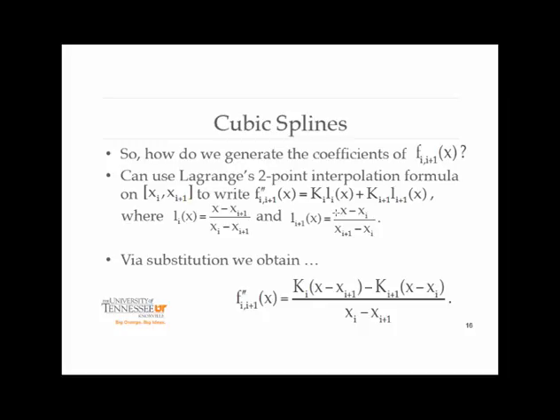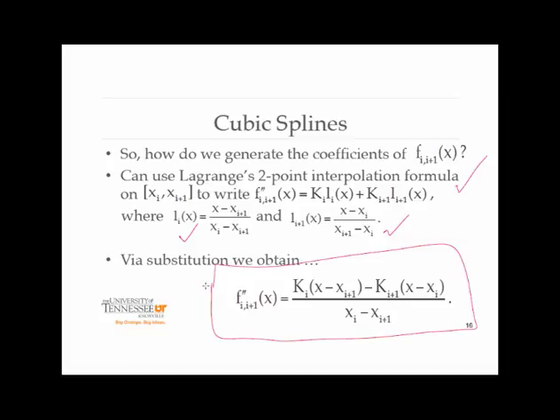So we can resort to Lagrange's two-point interpolation formula that we had before. Instead of using the yi's, we're going to use the ki's, these curvatures, and then these are the forms that we had for the cardinal functions. Via substitution, you can easily show, if you go back to our notes on the Lagrange interpolating polynomial, that's the form of the second derivative.